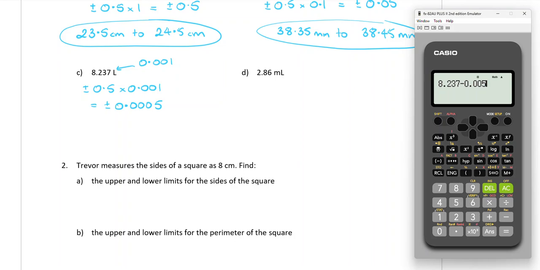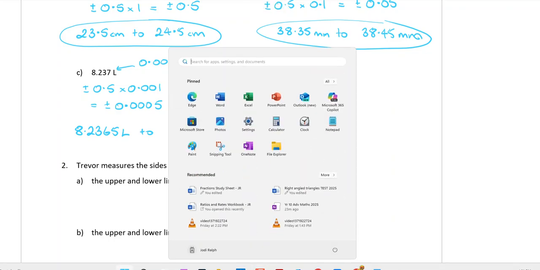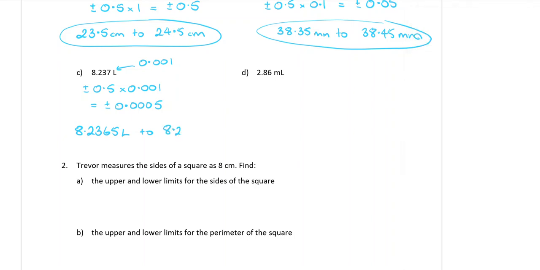Oops, I missed a 0. To get 8.2365. And that's litres. To find the second measurement, we just want to add that result on instead, which gives 8.2375 litres.